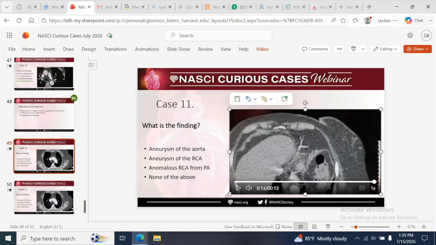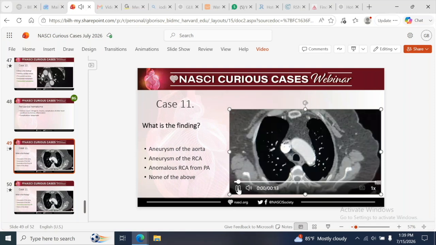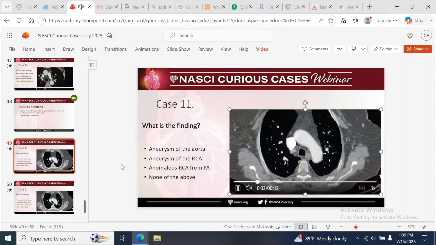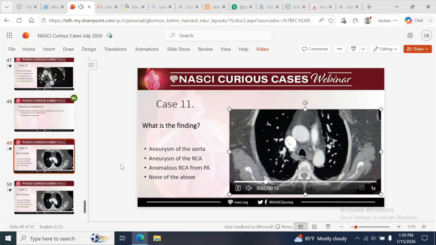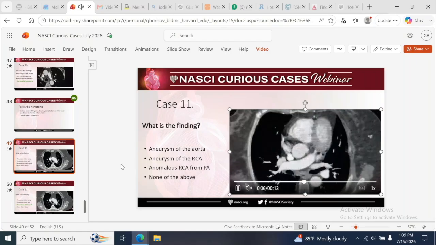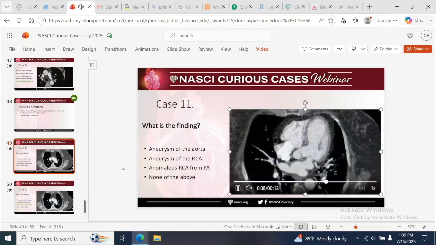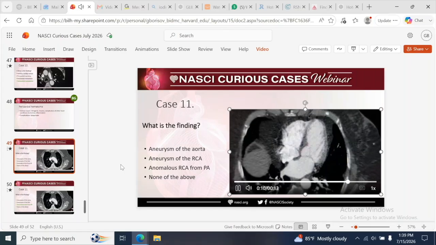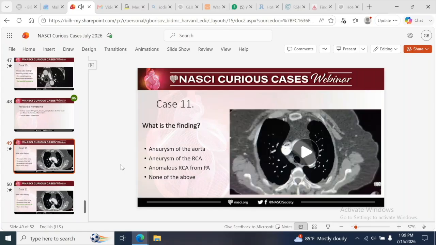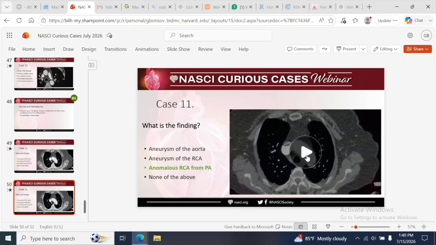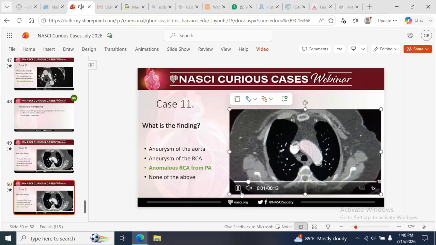I'll show you again. So the correct answer is anomalous RCA from the pulmonary artery. And as you can see, I'm going to show you again the way it looks.